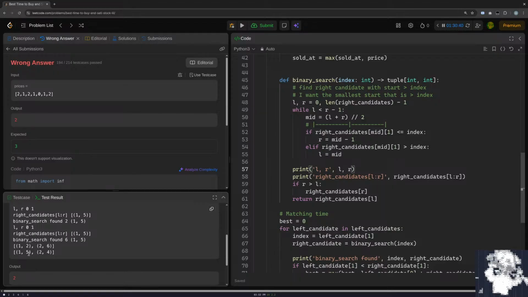Okay. But yeah, I want the rightmost one, right? If I have multiple things that might be the answer.